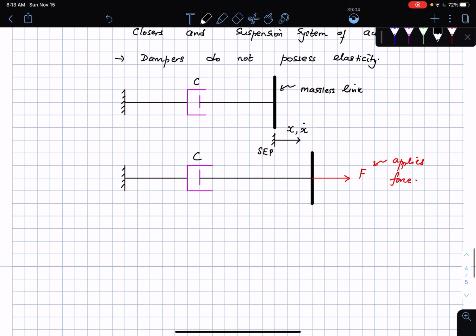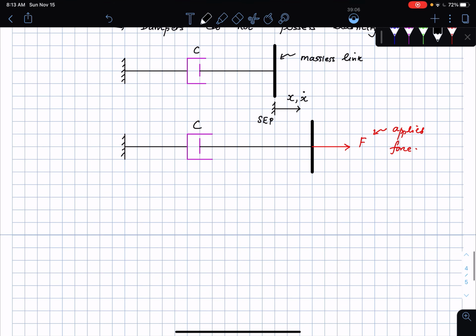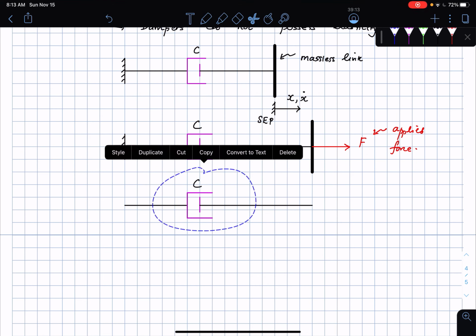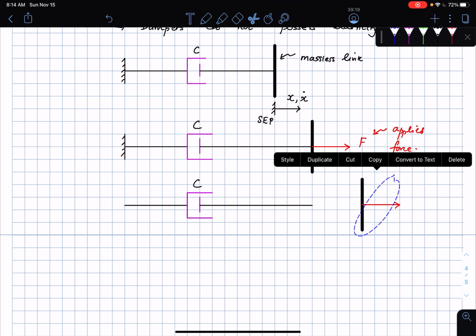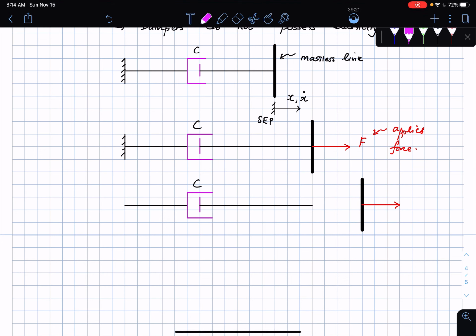If I draw the free body diagram of the damping element, then all we know is that it's going to exert a restoring force on either end. I'm just going to copy that and paste that here, and this is going to be equal and opposite to the force on the link. Let's draw that here. If I draw the damping force, this is the restoring force. This is F suffix D and F suffix D, and of course it's going to be equal and opposite to the force that is applied here.